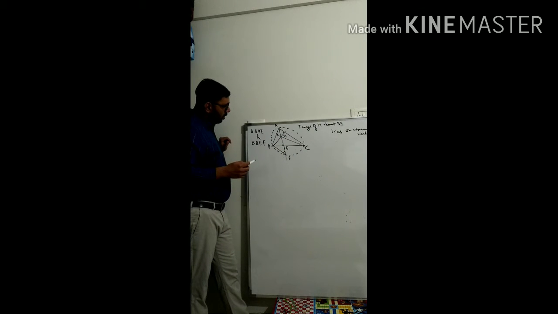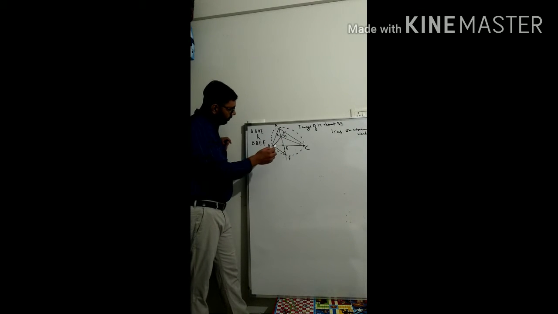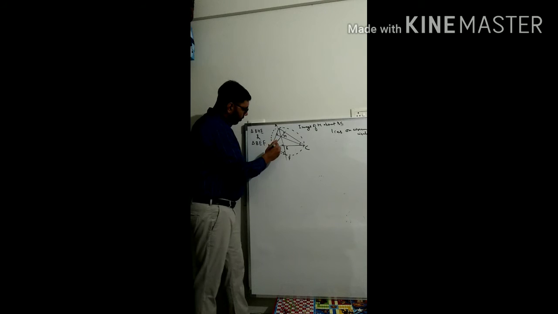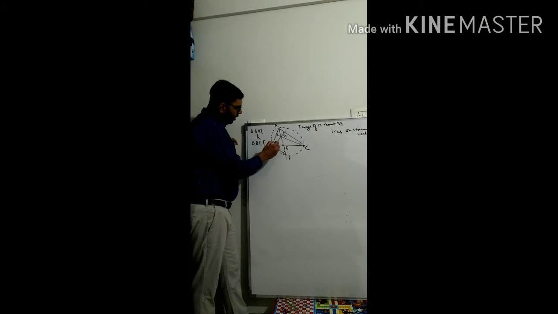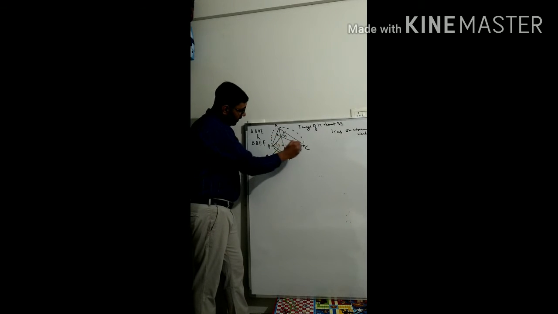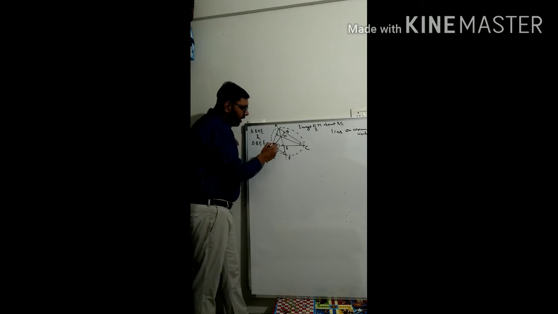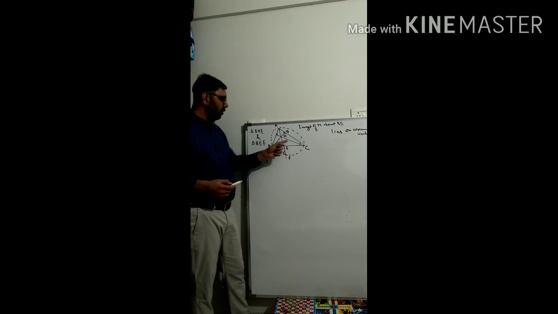Now if I talk about this angle, this angle will be pi by 2 minus C, because if we take this point as G, in triangle BGC, this angle is 90 degrees. Therefore the sum of these two angles must be 90.